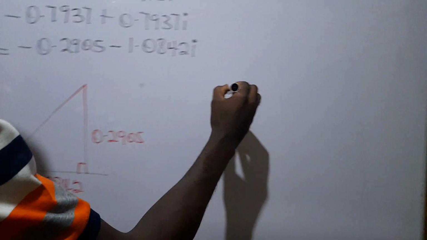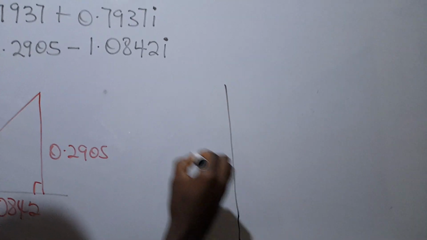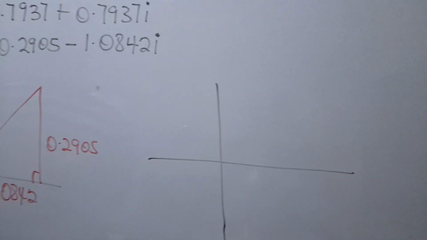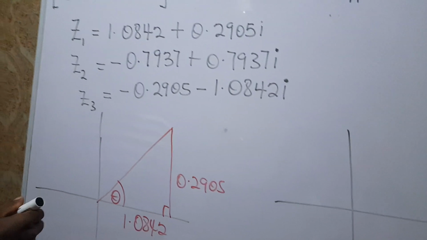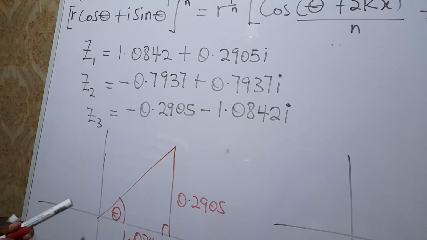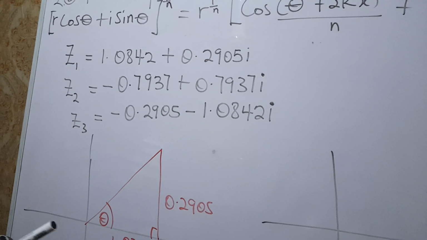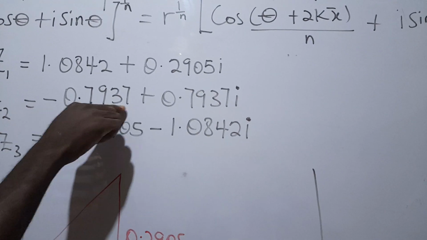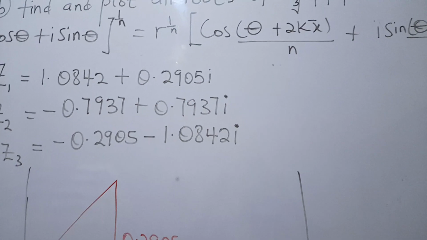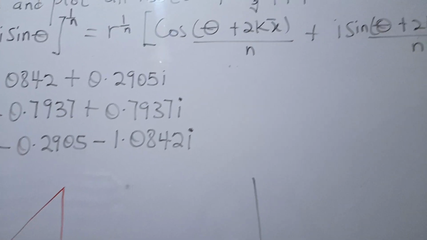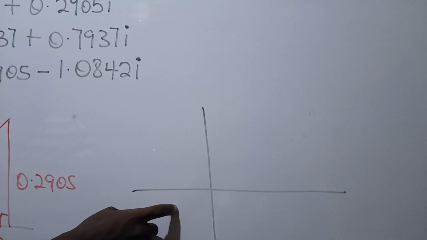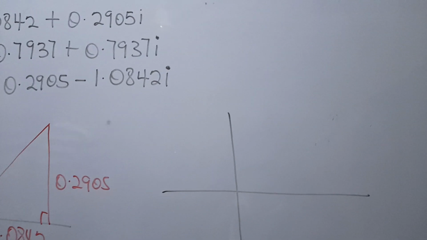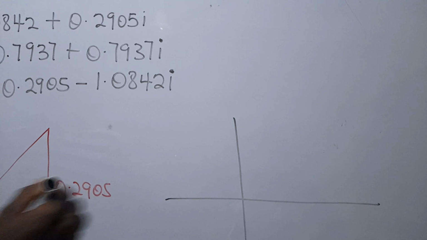The second one, look at it. The real part is positive, and the imaginary part, or the complex part, is negative. So it will be found in this quadrant. The real part is negative, and the imaginary part is positive. It will be found in this quadrant. Thus, x is negative, and the y is positive.